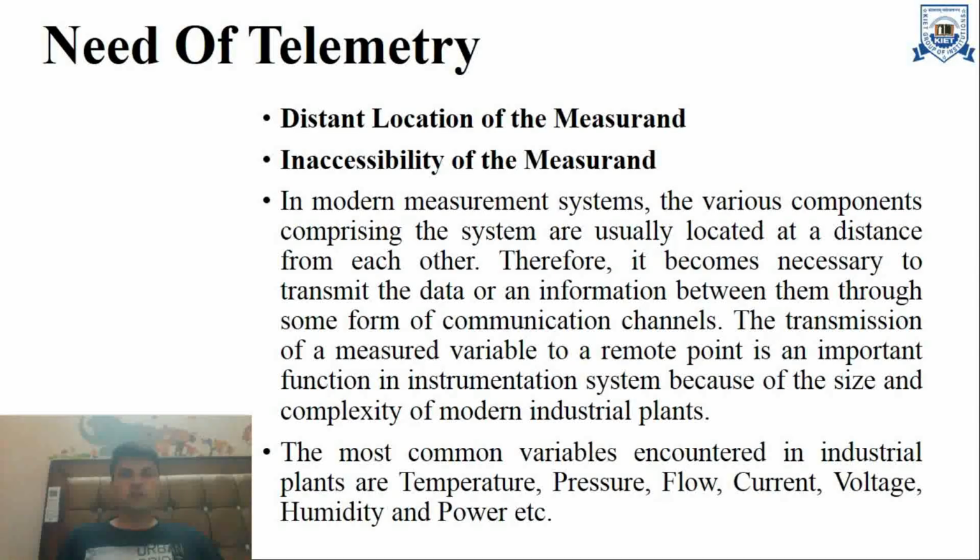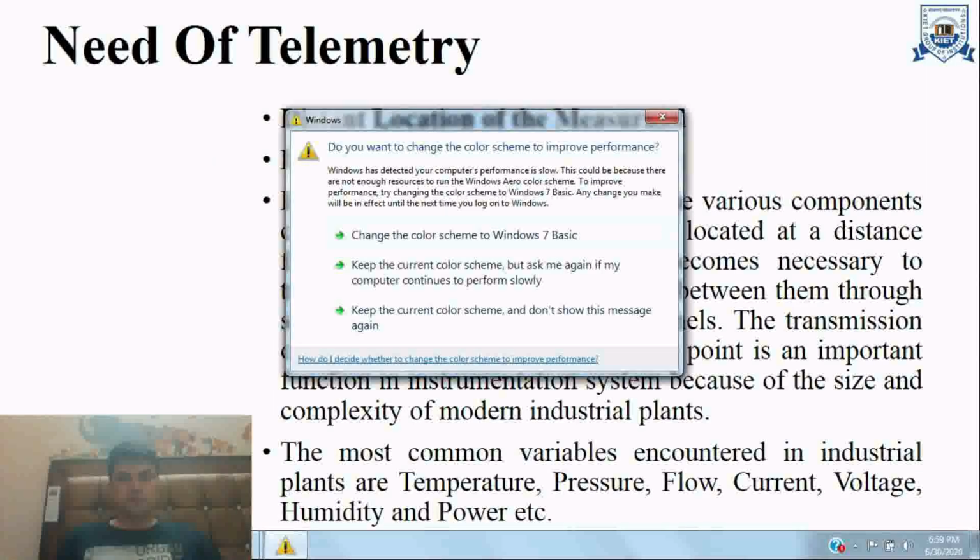So, in modern measurement systems, the various components comprising the systems are usually located at a distance from each other. Therefore, it becomes necessary to transmit the data or information between them through some form of communication channel.